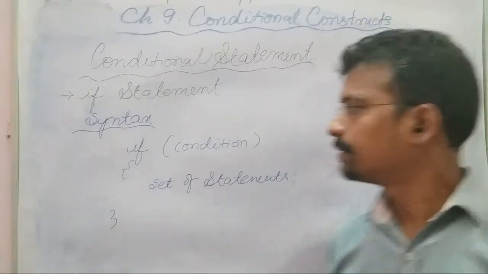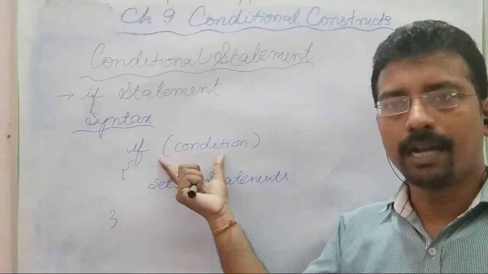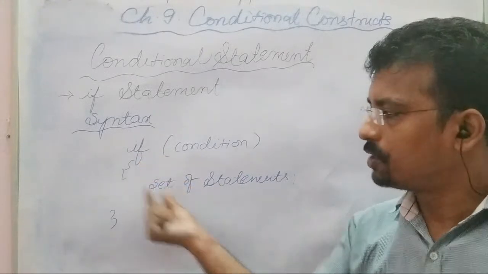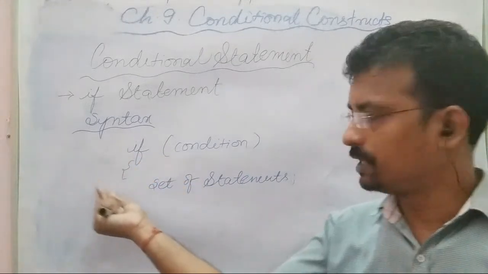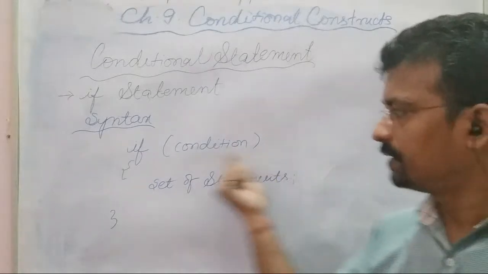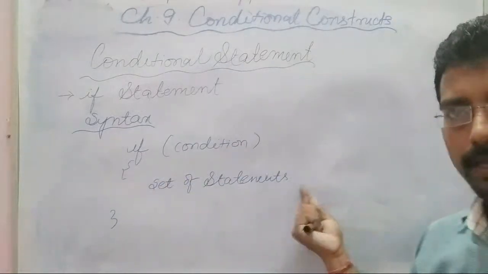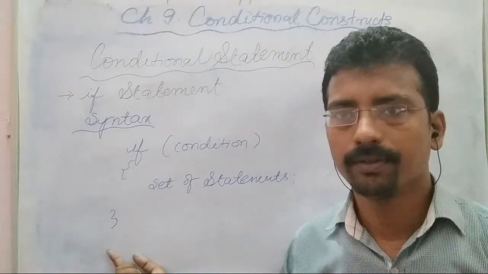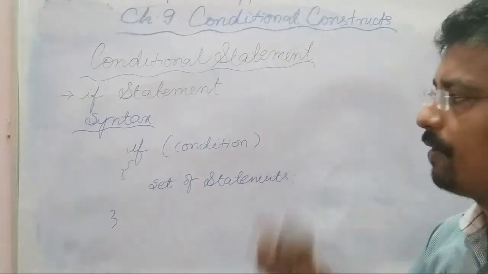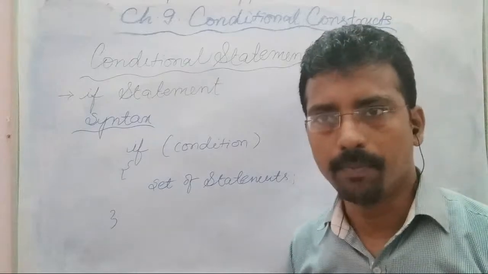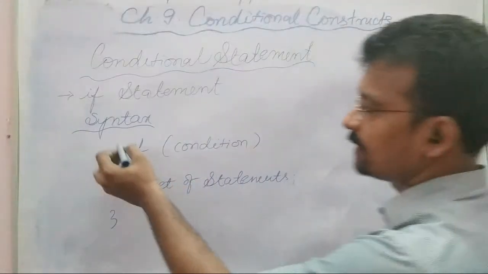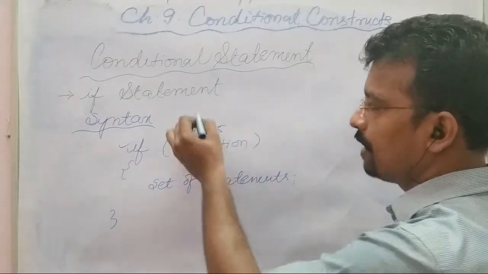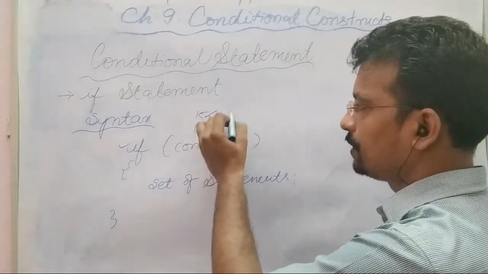See what happens. You will give your condition. If the condition gets true, the program will execute this particular set of statements. Otherwise, it will not give any result. This is the structure of the if statement. It starts with a condition. Suppose we have written the condition 10 is greater than 5, or 15 is less than or equal to 16.